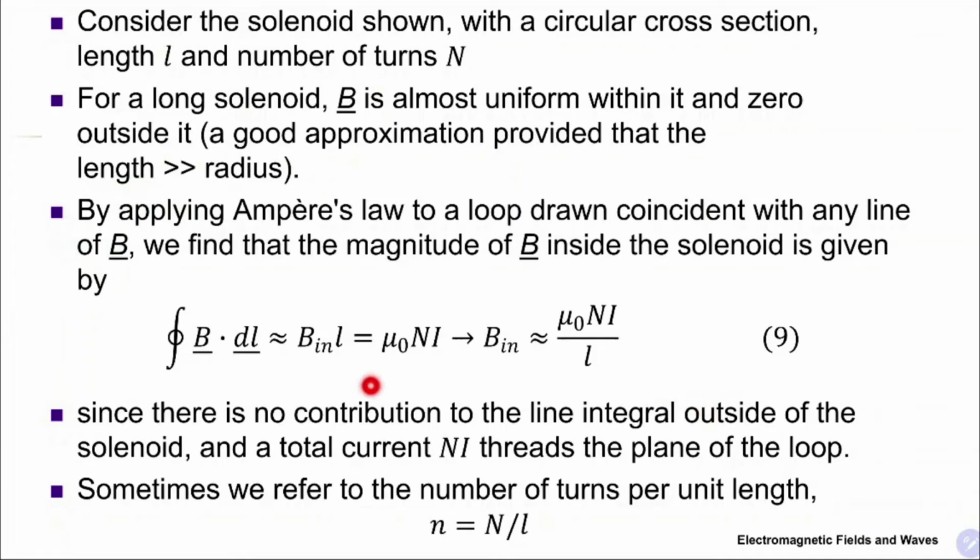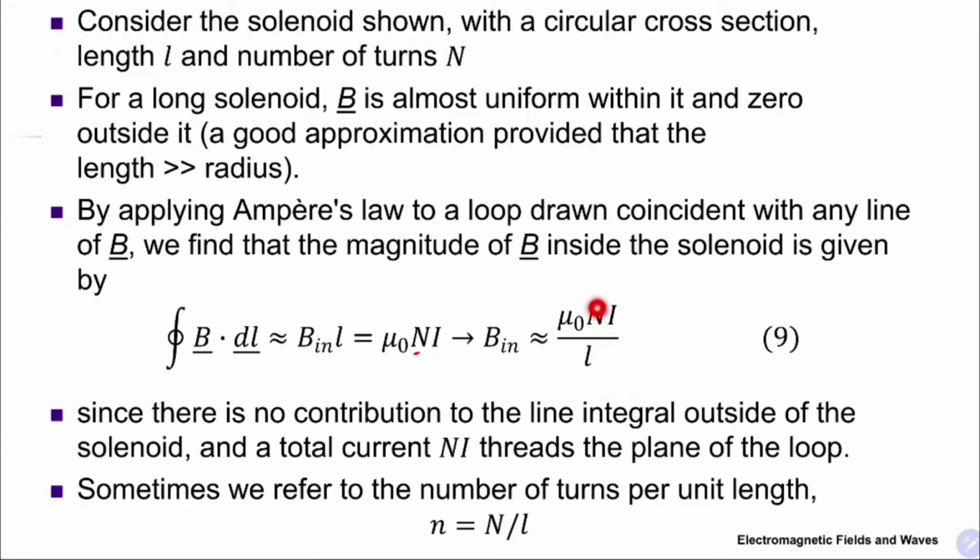Applying Ampere's law, the integral of B dot dl will be approximately equal to B times L, which equals mu naught N times I. Because we have N number of turns, you have N times the current. Therefore the magnetic flux density for a solenoid is approximately mu naught N times I over L, where L is the length of the solenoid.